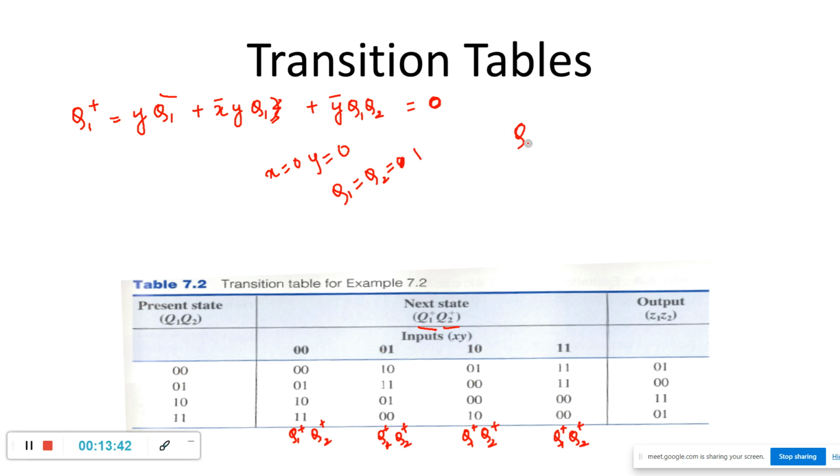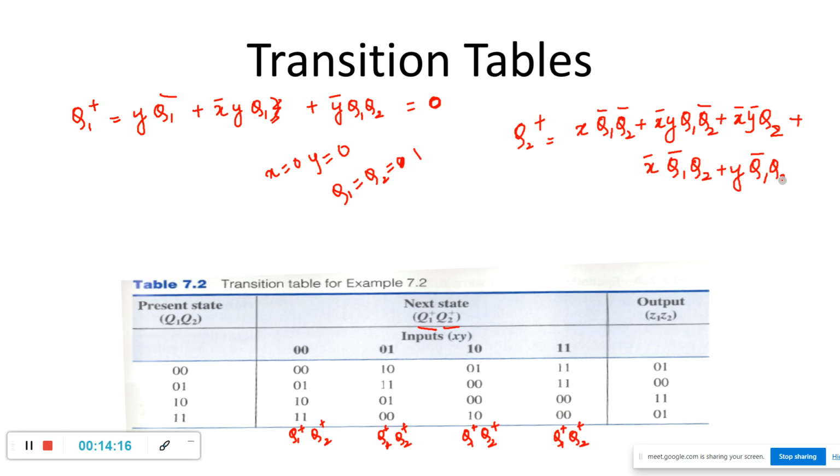Next, what is the q2 plus expression? q2 plus expression is x q1 bar q2 bar plus x bar y q1 q2 bar plus x bar y bar q2 plus x bar q1 bar q2 plus y q1 bar q2.